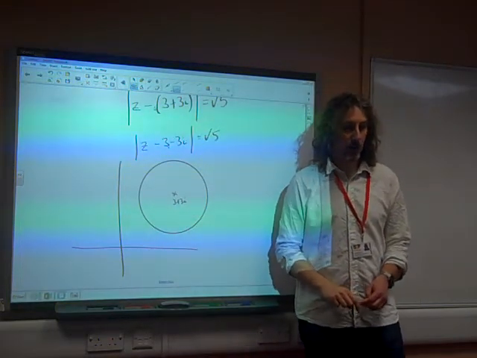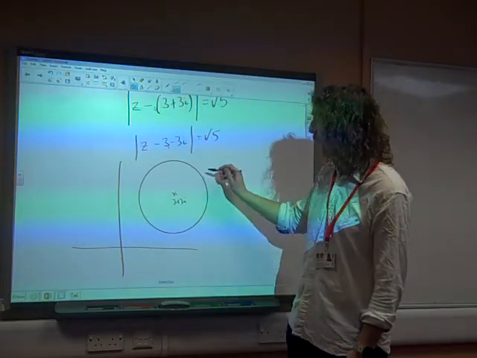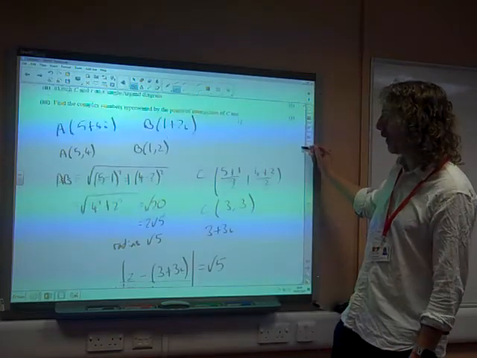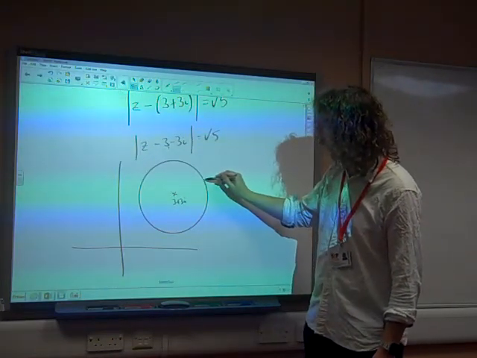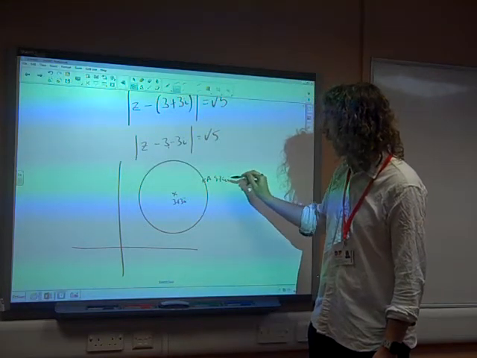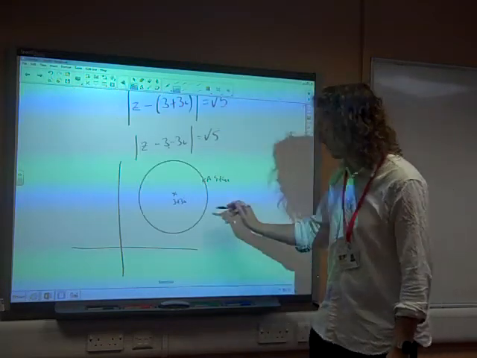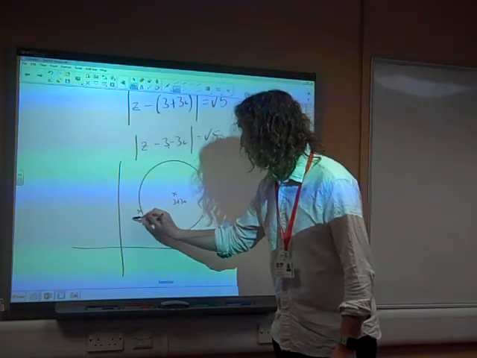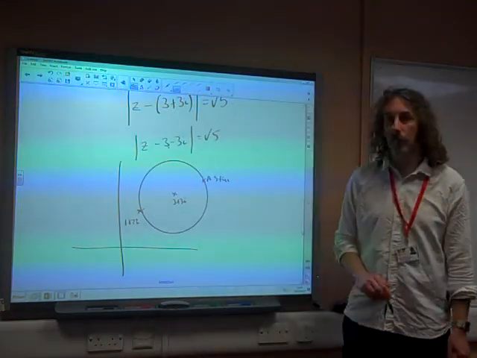Let's think through some of the other things that we've got here. A was the point 5 plus 4i, was it? So A is over there somewhere, isn't it? We weren't asked to mark A, I don't think. And B is the other end of the diameter, so that's 1 plus 2i, so D, that looks about right, there on the circle.